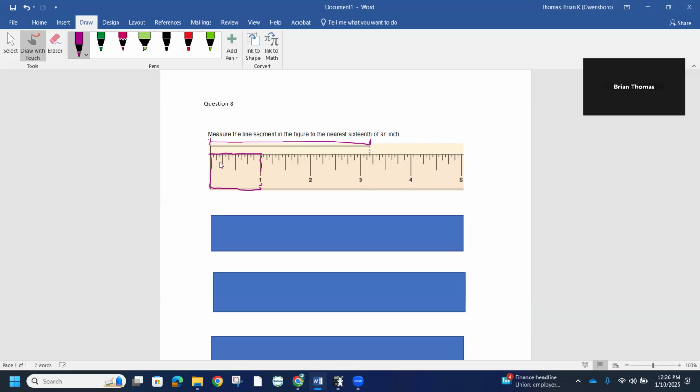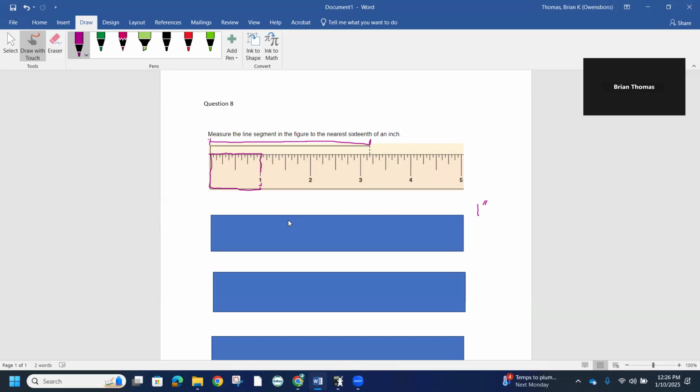Now, the first thing to understand is that on a customary tape ruler, there are a lot of different measurements involved. So let's just take a look at this 1 inch area to start with. Let's say I blow that out and assume this now represents 1 inch.